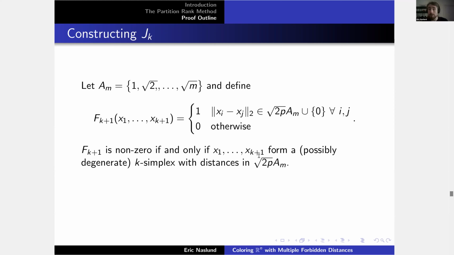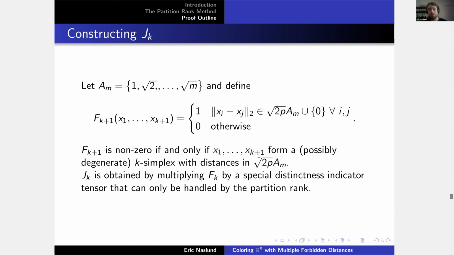That doesn't count, so we want to fix that. Here's where we need the partition rank. The tensor JK is what we get when we multiply this f_{k+1} by a special distinctness indicator tensor that can only be handled with the partition rank.